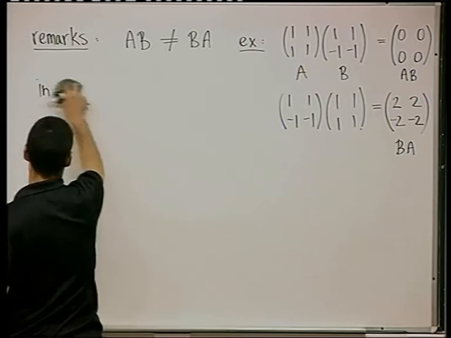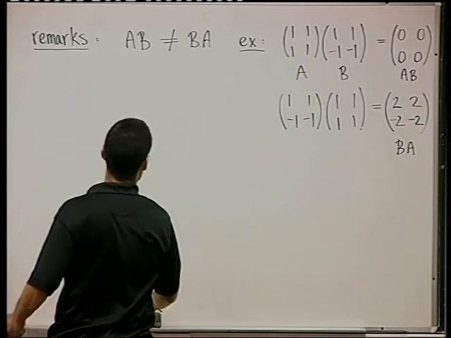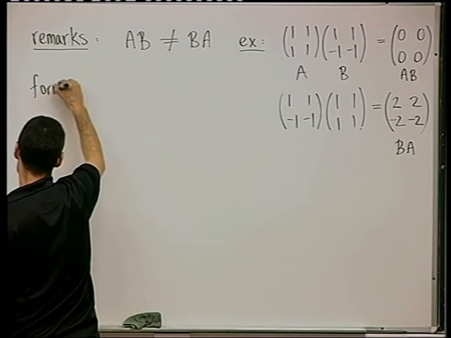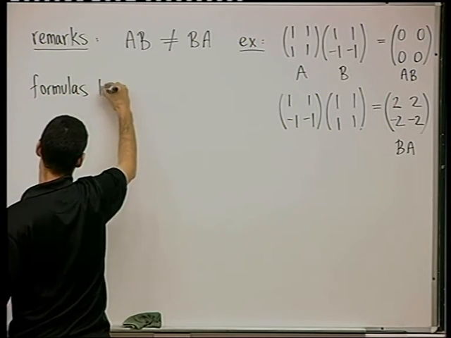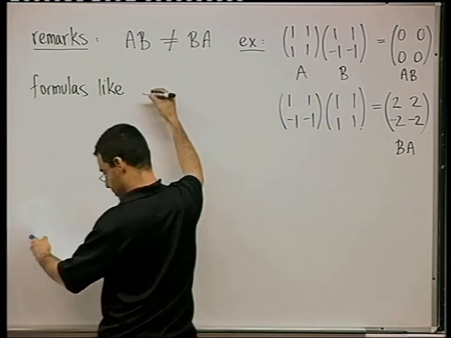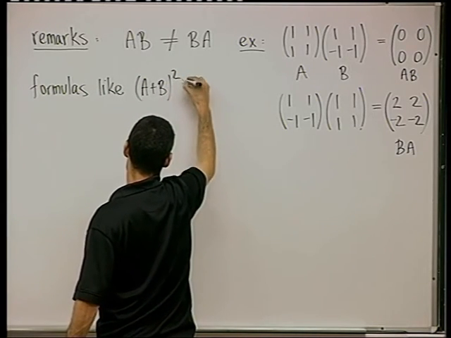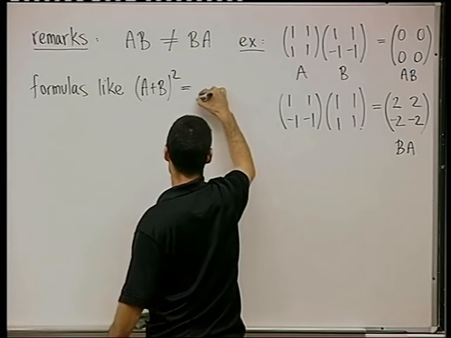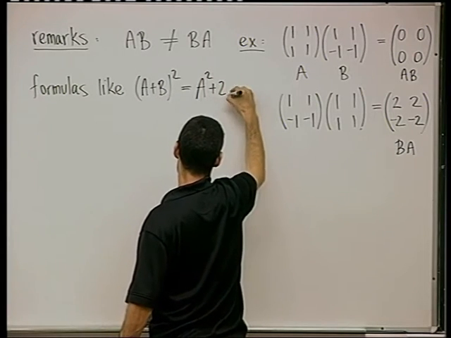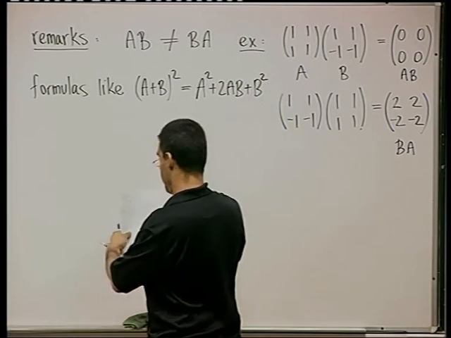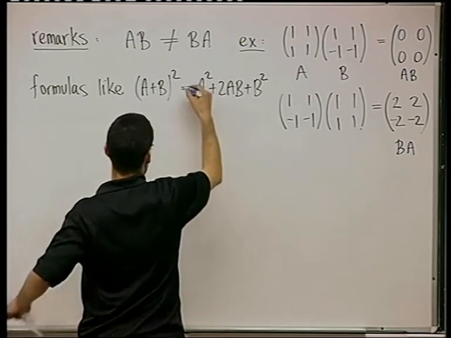So in particular, or maybe it's not in particular, it's continuing the same remark, formulas that you're used to, for example, A plus B squared equals A squared plus 2AB plus B squared, are not valid any longer.